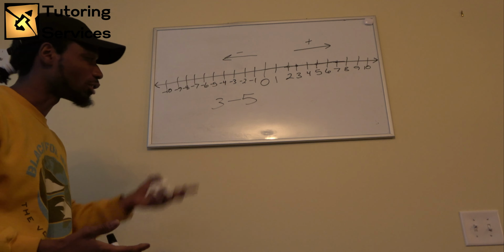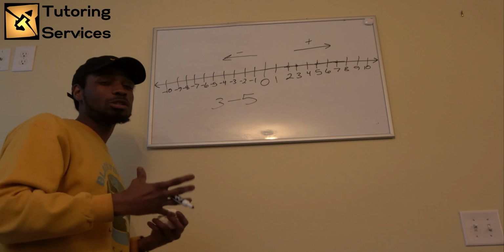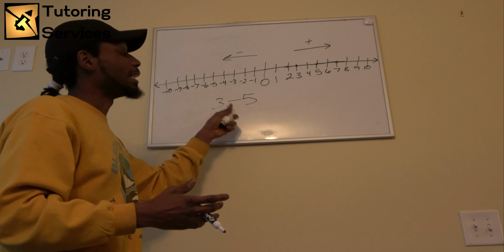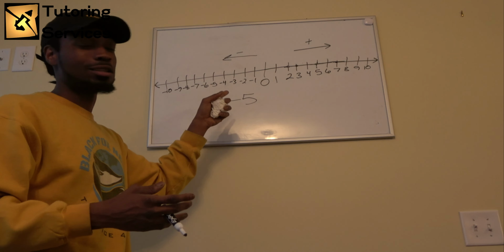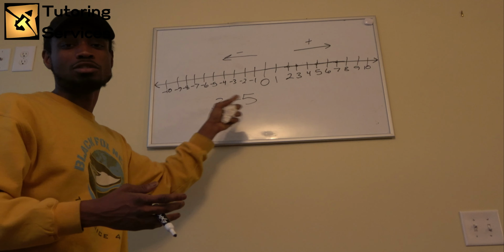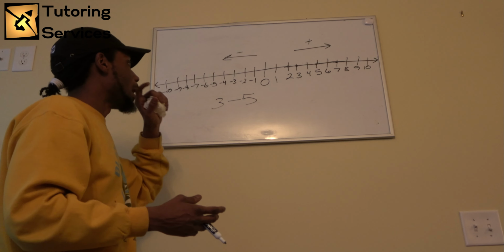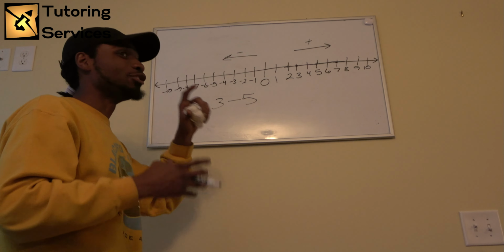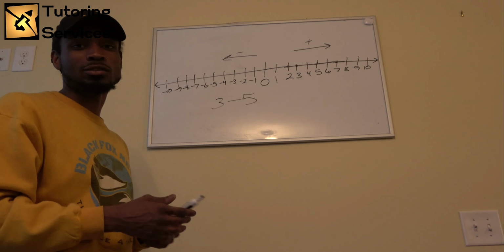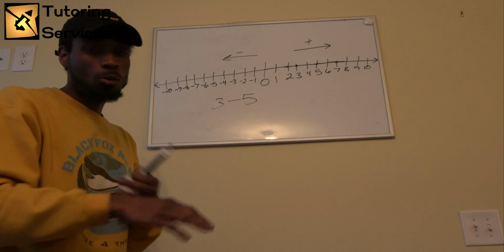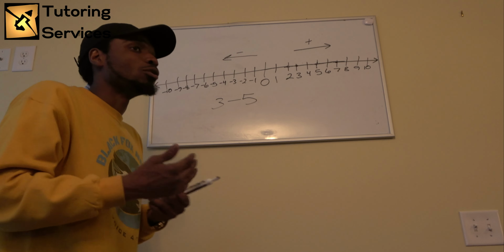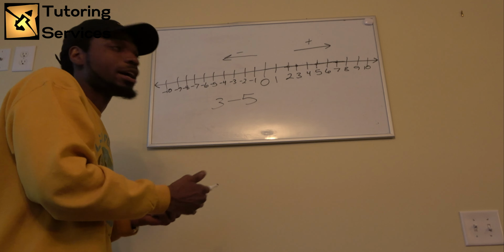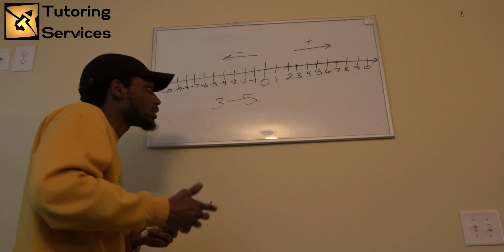When I was younger, they tried to teach us not to do this, that in order to subtract, the minuend has to be greater than the subtrahend. And they told us that until we got old enough to really understand negative numbers. But with the number line, you don't have to do that. We get straight into this, and you'll prep yourself to learn higher mathematics, like algebra, like calculus.